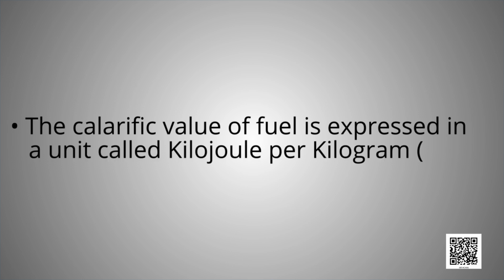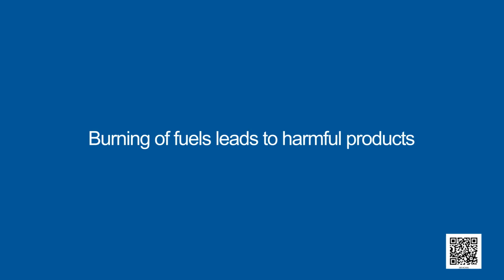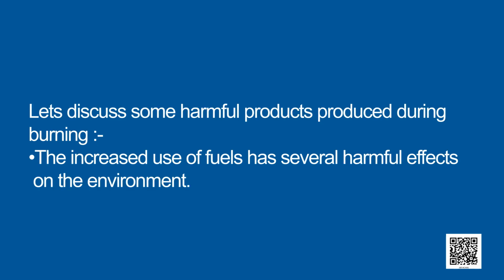Children, do you know that burning of fuels leads to harmful products? Let's discuss some harmful products produced during burning. The increased use of fuels has several harmful effects on the environment.